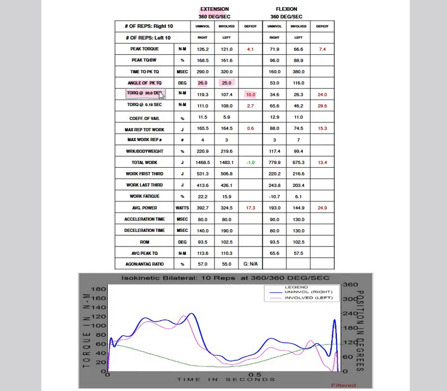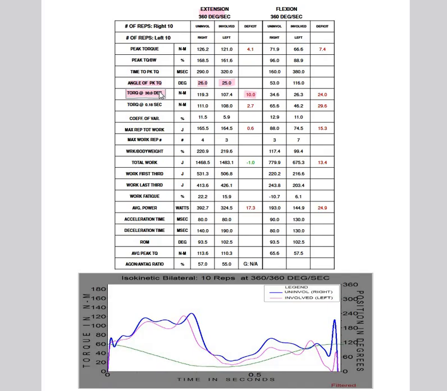This is for the quadriceps. For the 180 degrees per second test, that angle moves nearer to extension, so that's around about 45 degrees of extension or flexion. And for the 360 degrees per second test, we would expect to see that angle of peak torque nearer 35 degrees of knee flexion.